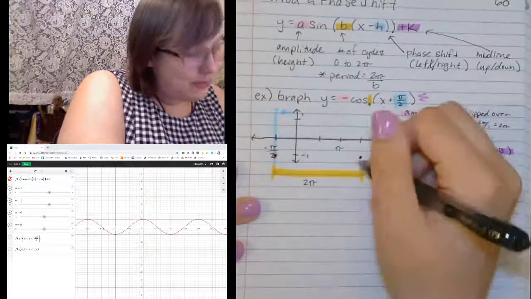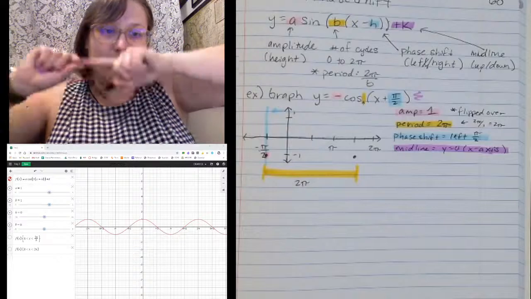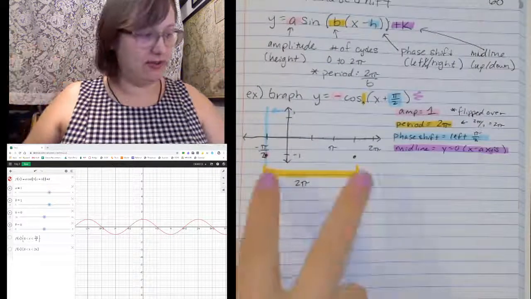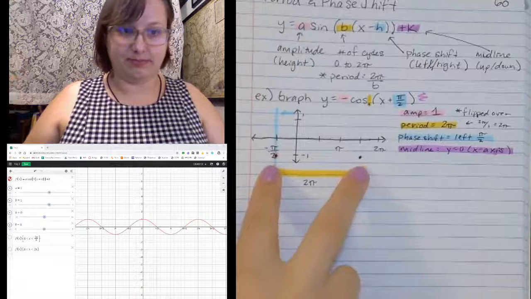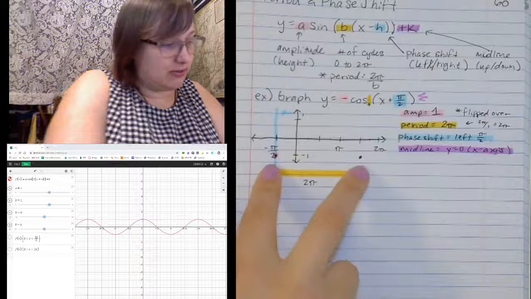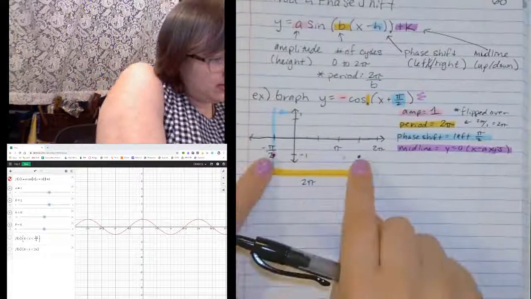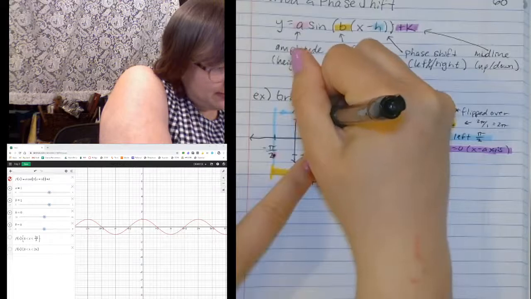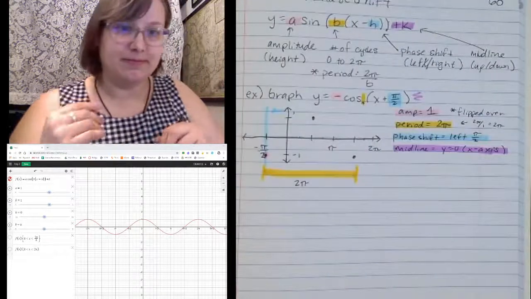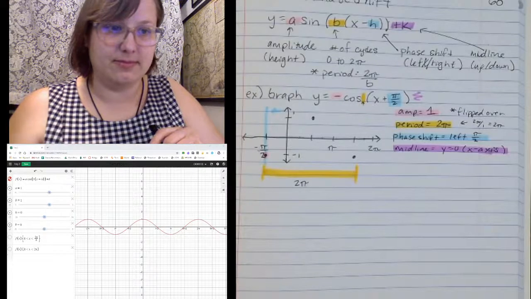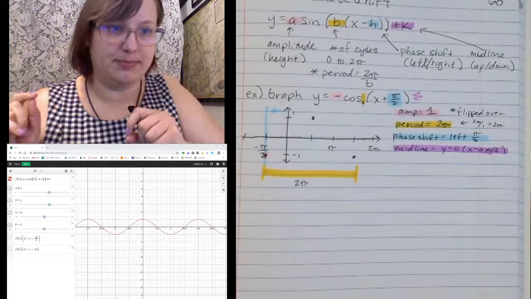Okay, so we know that cosine, remember, goes whoop. So I have 2 valleys. These are my valleys. I have to have a mountaintop. The mountaintop's going to be right in the middle. So right in the middle, right here, that's going to be a mountaintop. Same amplitude, 1 up.